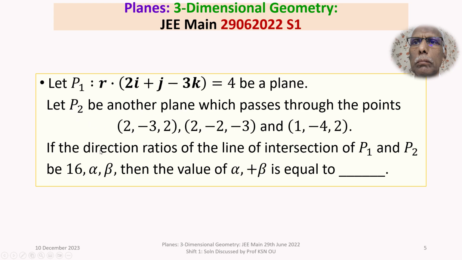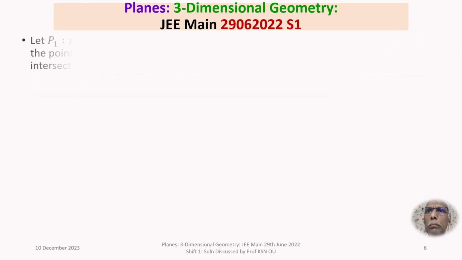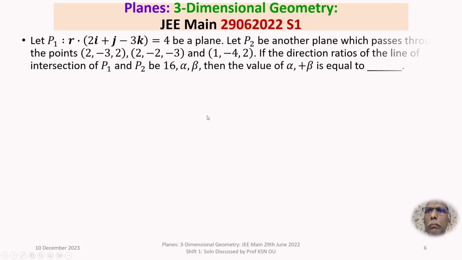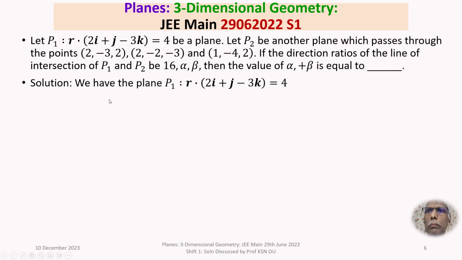The direction ratios of the line of intersection of P1 and P2 are given to be 16, alpha, beta, and we are required to find the value of alpha plus beta. That's our problem. Let's now discuss the solution of the problem in detail.